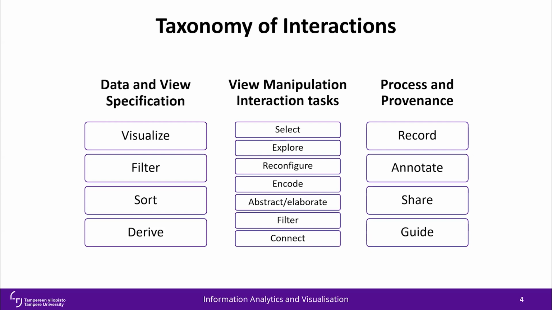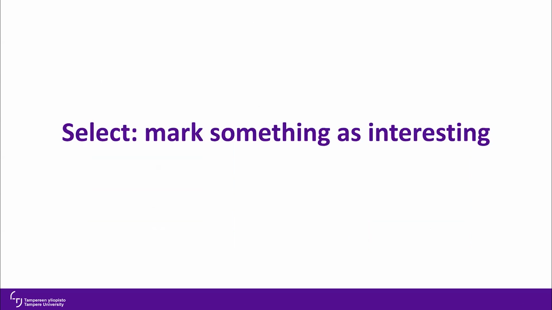We need to record those, we need to annotate those, we need to share those, and we need to guide other people in how they find what they're looking for in this set of visualizations that we have made. So, let's go now for the details, and let's start with the selections.